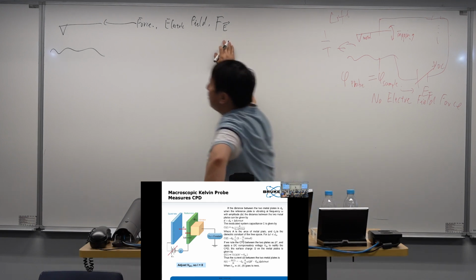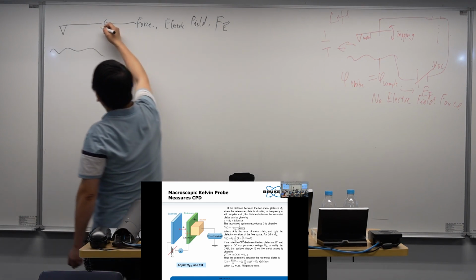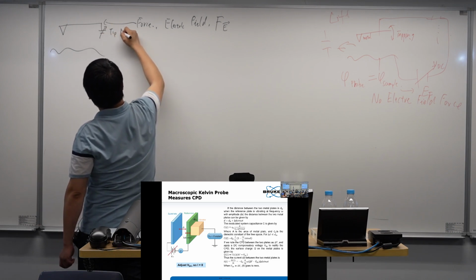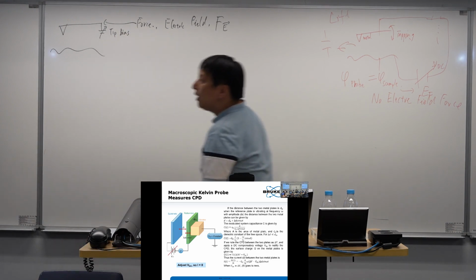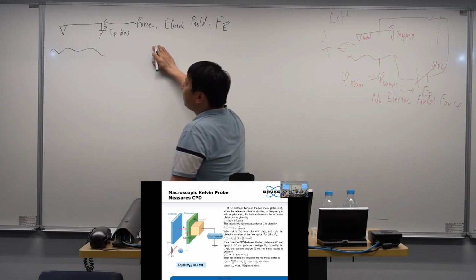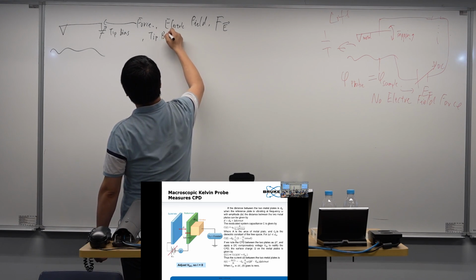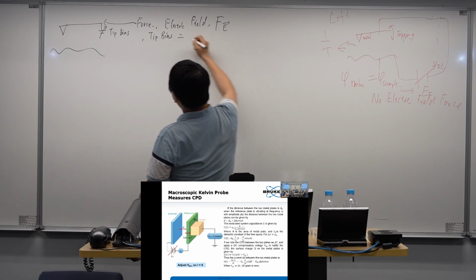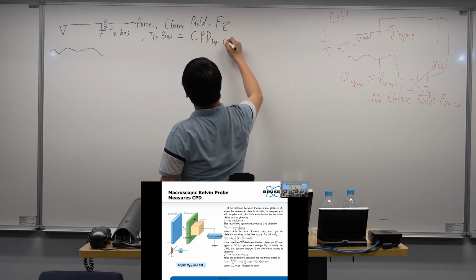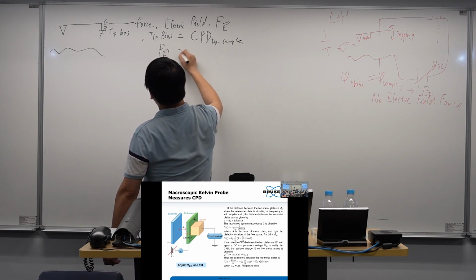Then I can adjust the tip bias. I change the tip bias, and only if the tip bias equals the contact potential difference between the tip and the sample, the Fe is zero.